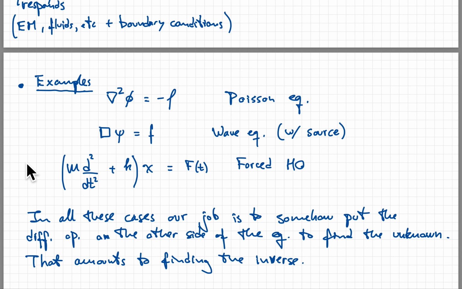And if those operators that I mentioned here, Laplacian, the wave operator, and this object here, they take the form of matrices, and in many cases we will see that they do, then our job is to find the inverse of that matrix. And this is really at the core of one of the main functions of linear algebra, to find the inverse of matrices and to establish under what conditions those matrices have inverses, and when these problems can be solved.